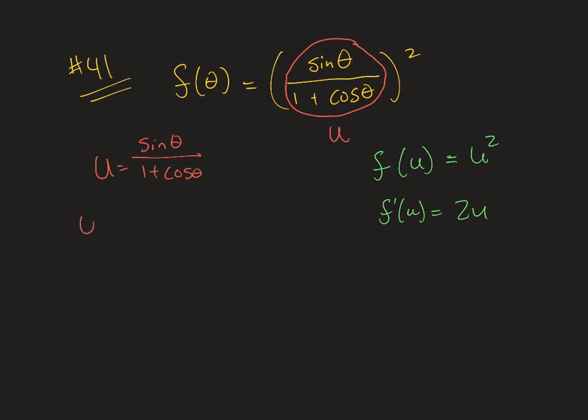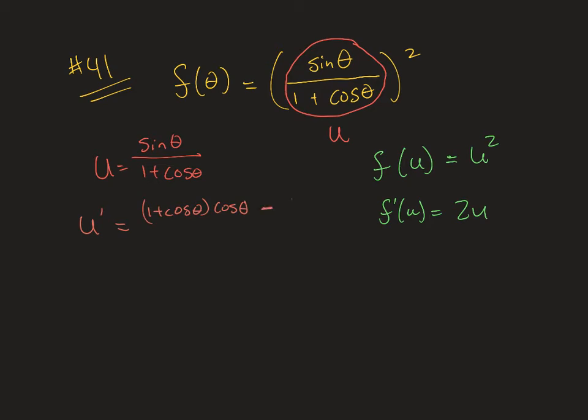So the u prime from my u substitution for the chain rule is going to look something like this. It's going to be v u prime. So that means v, which is 1 plus cosine theta, times u prime, the derivative of sine theta, which is also cosine theta, minus u v prime.